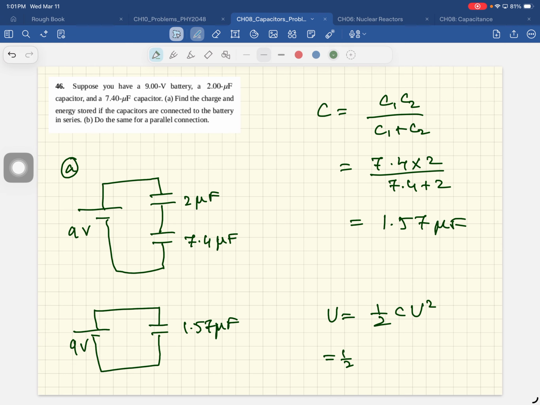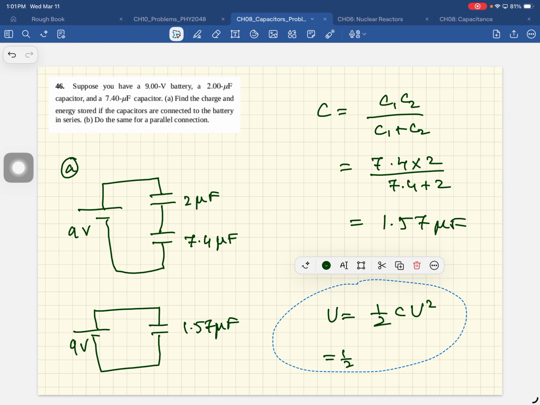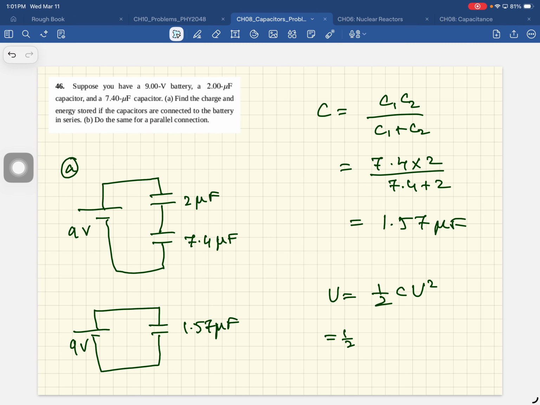1/2, C is 1.57 microfarads, and 9 volts squared.